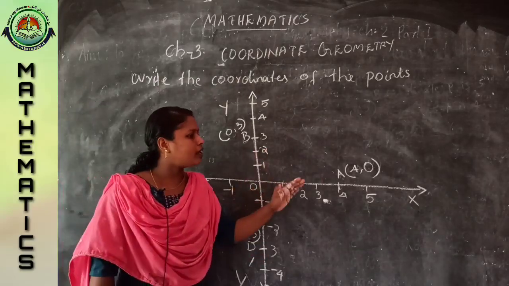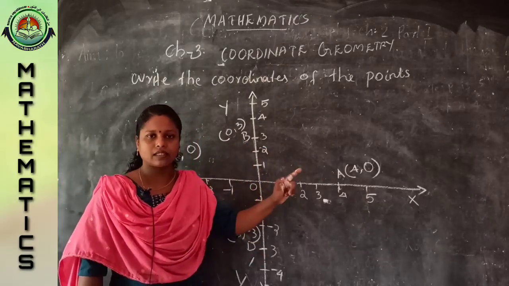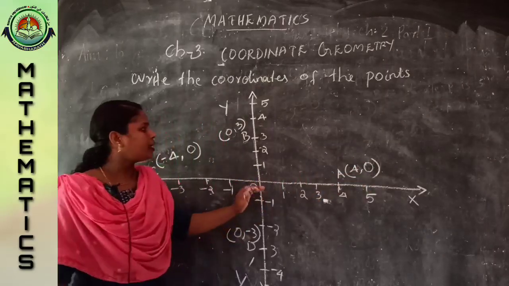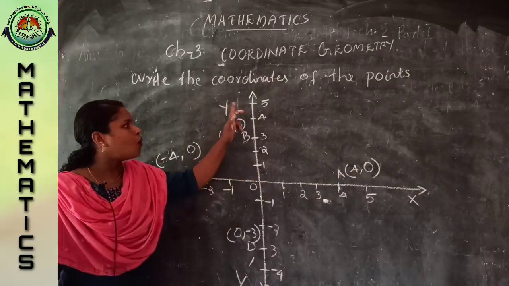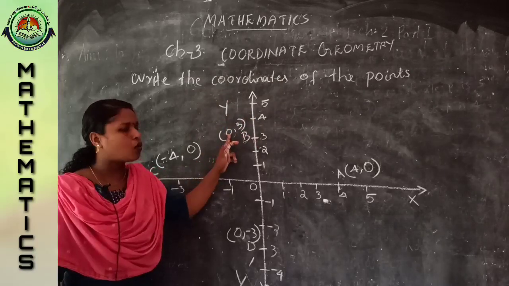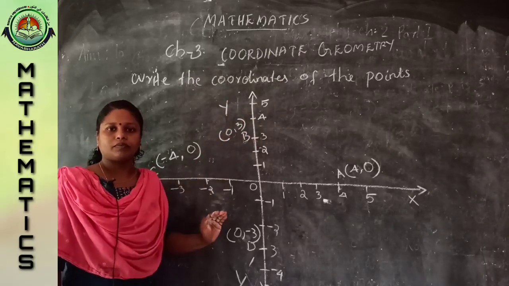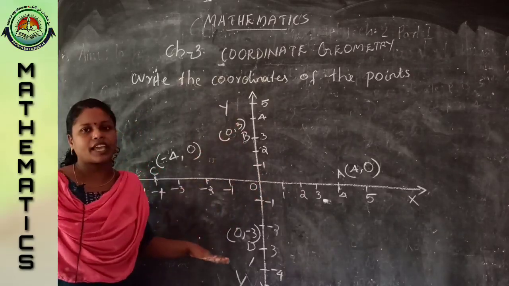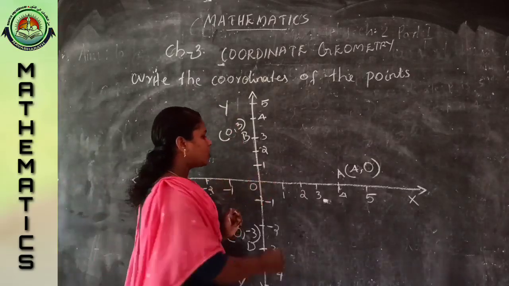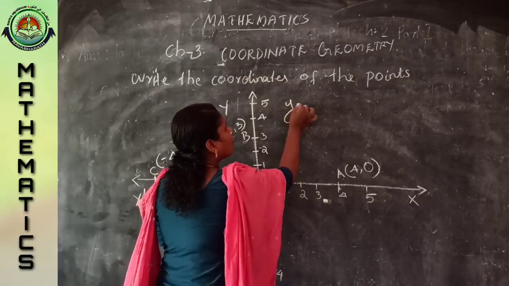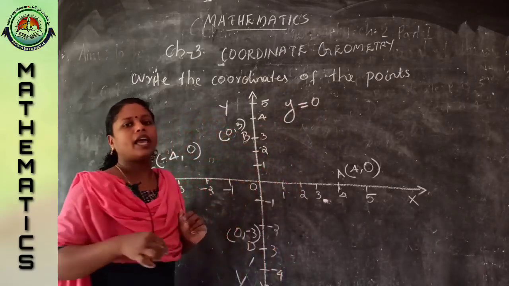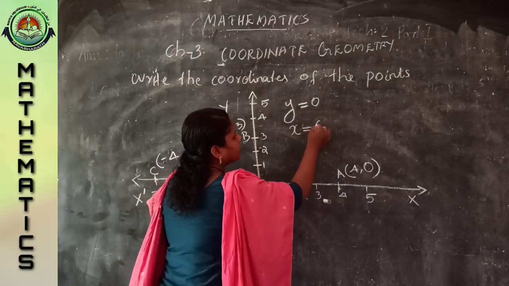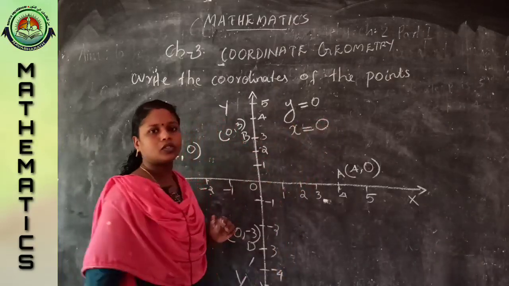So if a point is on the x-axis, its y coordinate is 0, and if a point is on the y-axis, its x coordinate is 0. From here we can derive the equations of the axes. The equation of the x-axis is y equal to 0, and the equation of the y-axis is x equal to 0.